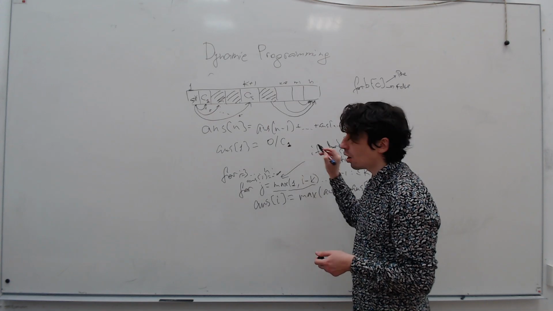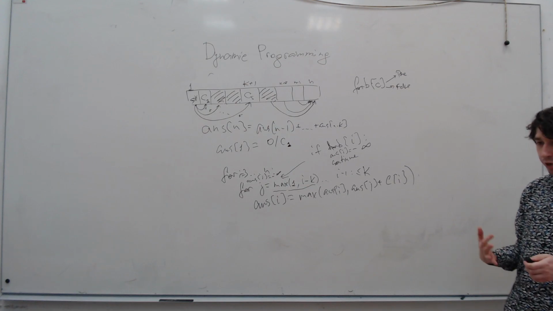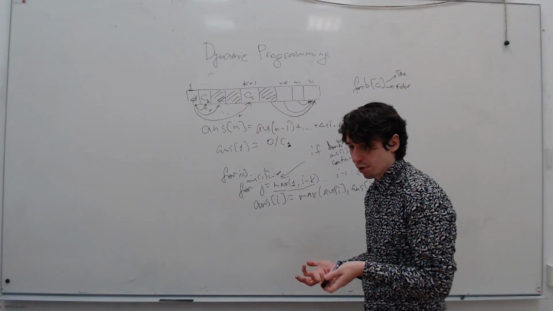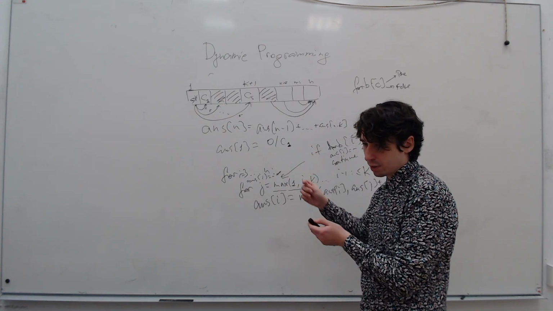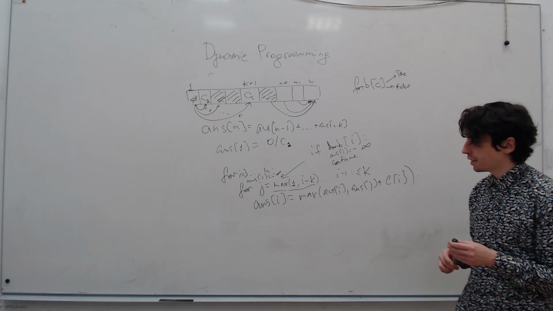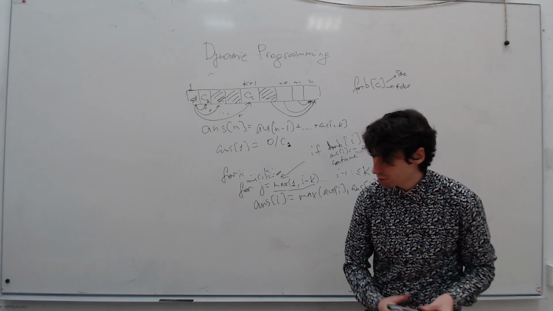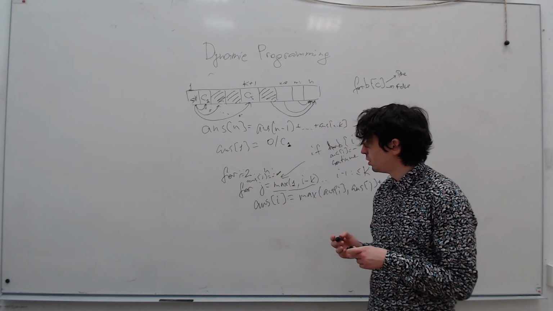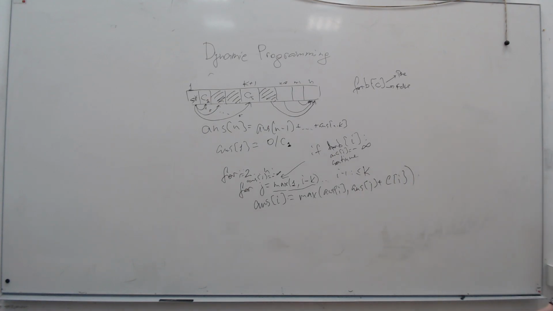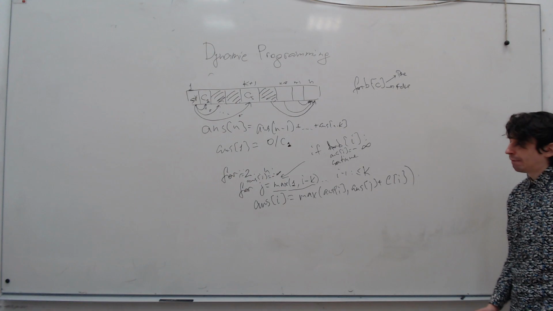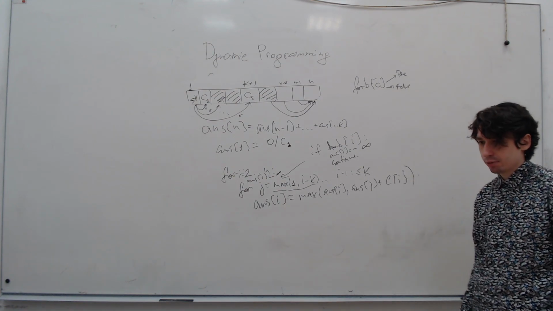This depends on how we state the problem. If the first cell has some number of coins in the definition, then we should add this number of coins to the answer. Okay, and then we just go from 2 to n and calculate everything. Are there any questions right now?